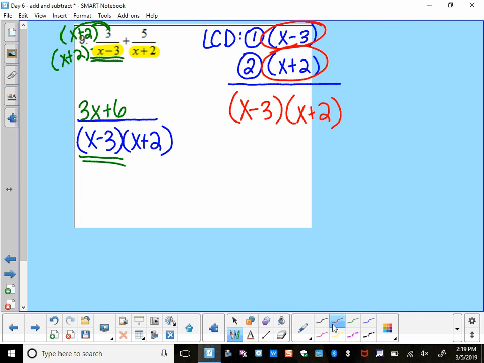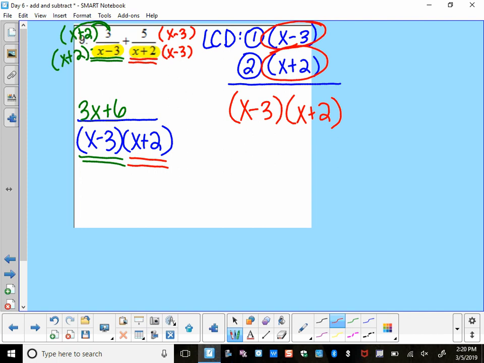Let's look at the other. They give us x plus 2. I have x plus 2 in my new denominator. I do not have x minus 3, so that's what I'm going to multiply that side by, keeping the plus.